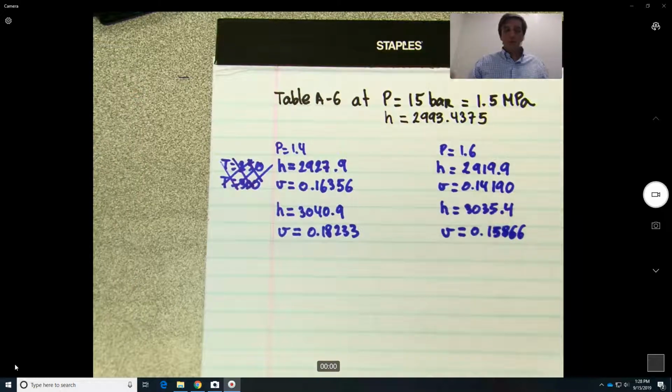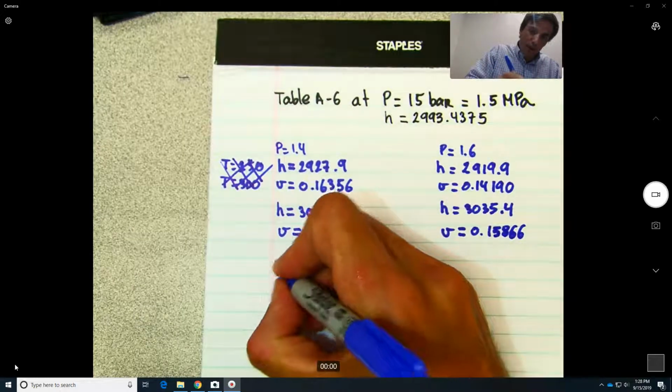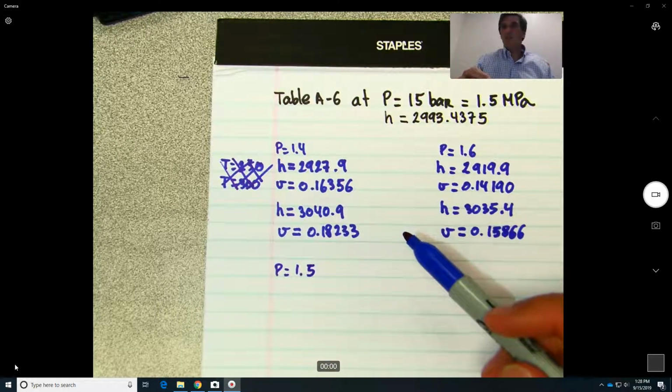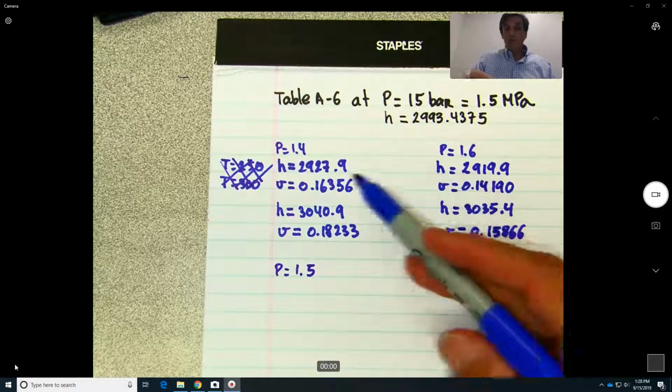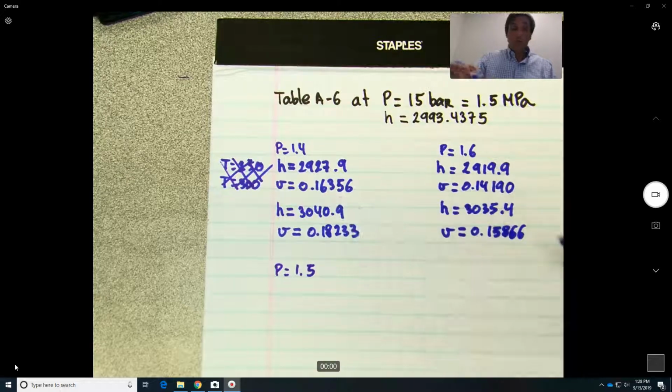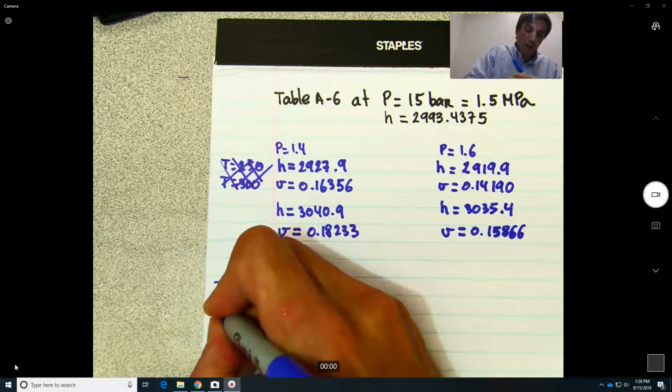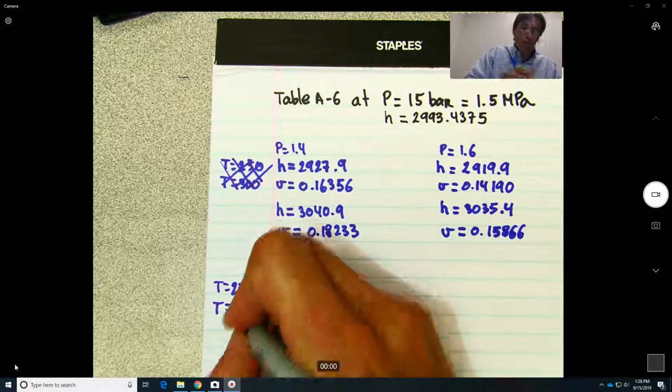So now actually what I need to do is just that for P equal 1.5, all I'm doing is just adding those two values together divided by 2, okay, right in the middle. So this would be for 250, T equals 300.